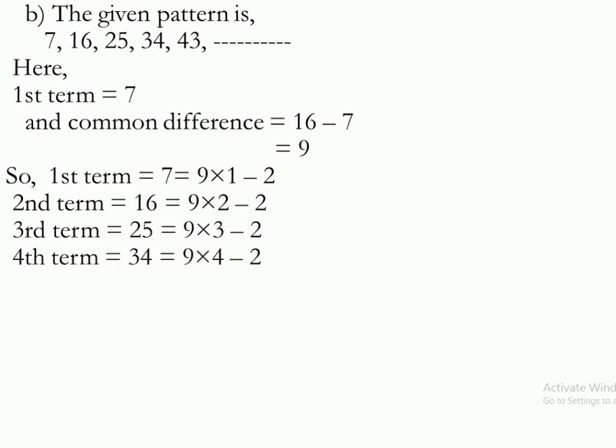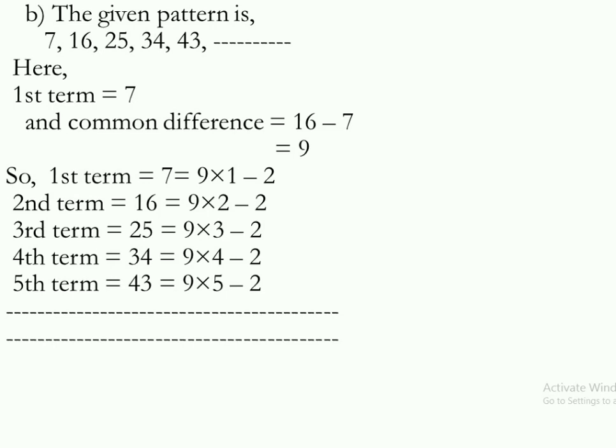Third term and fourth term similarly: 25 can be expressed as 9 threes are 27, minus 2, and 34 as 9 fours are 36, minus 2. Similarly, the fifth number can be expressed by 9 fives are 45, minus 2. So you can see that for every term, the term number is multiplied with 9 and then 2 is subtracted from that, and that becomes the number of the pattern.